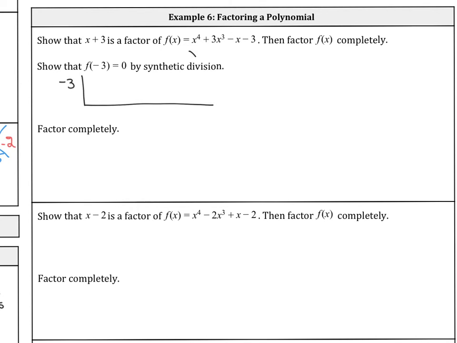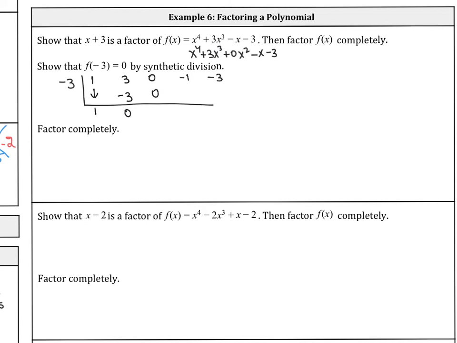I have to complete this equation, so 3x cubed plus 0x squared minus x minus 3. I'm going to use the coefficients, and that's 1, 3, 0, -1 and -3. Bring down the 1 as it is. -3 times 1 is -3. 3 minus 3 is 0. -3 times 0 is 0.